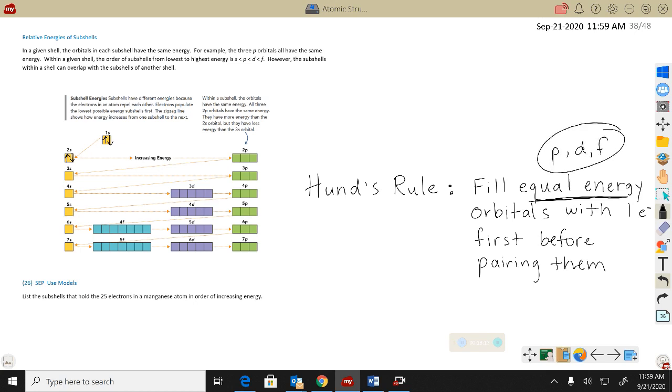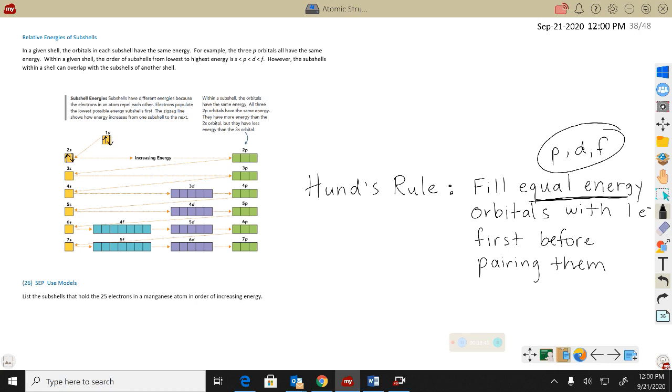When you're in an energy level and there's more than one of a particular orbital and they're all equal energy, you fill them with 1 electron first, and then if you have to, you go back and pair them. It's like this: let's say I have 3 bedrooms and 3 kids. Of course I'm going to try to give each kid their own bedroom.